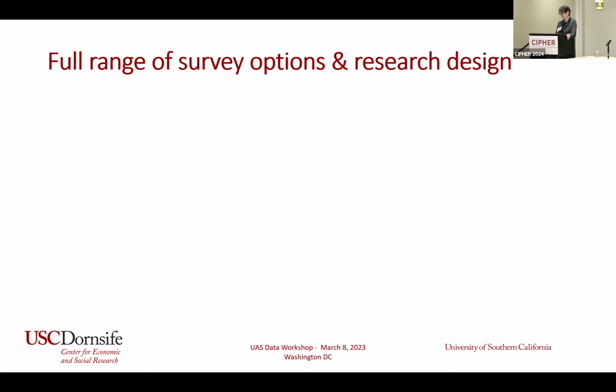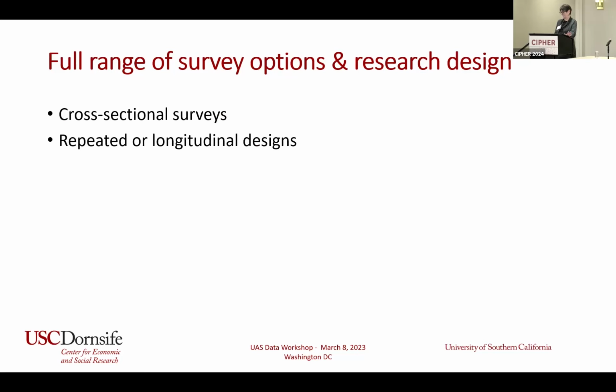So what kind of data can you collect? You've heard a lot already from examples that people have done and things that we've talked about in terms of what's available for existing data. But of course, cross-sectional surveys, and repeated surveys over time, you have a longitudinal design. We don't often collect data using modes other than web-based questionnaires, but it is possible.